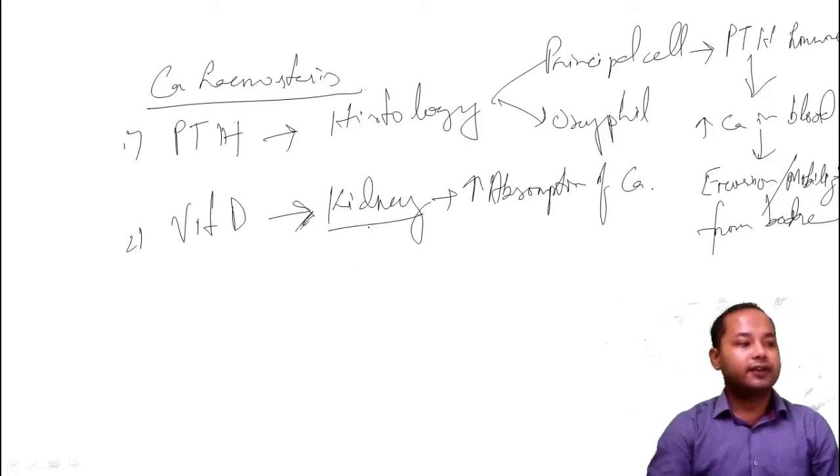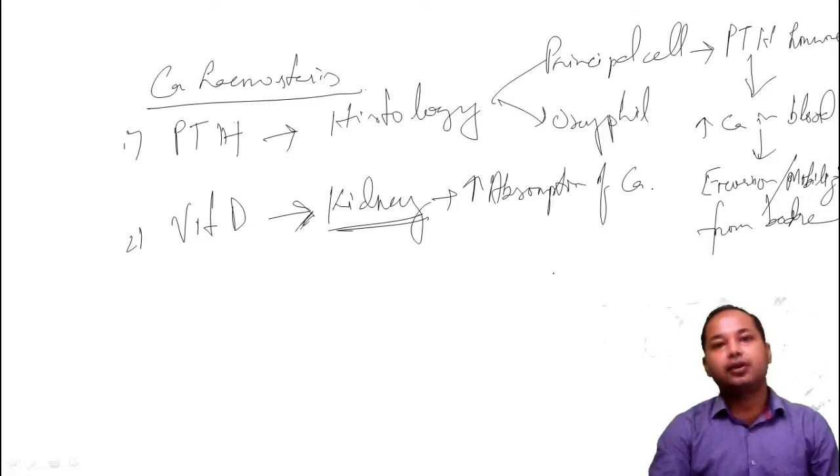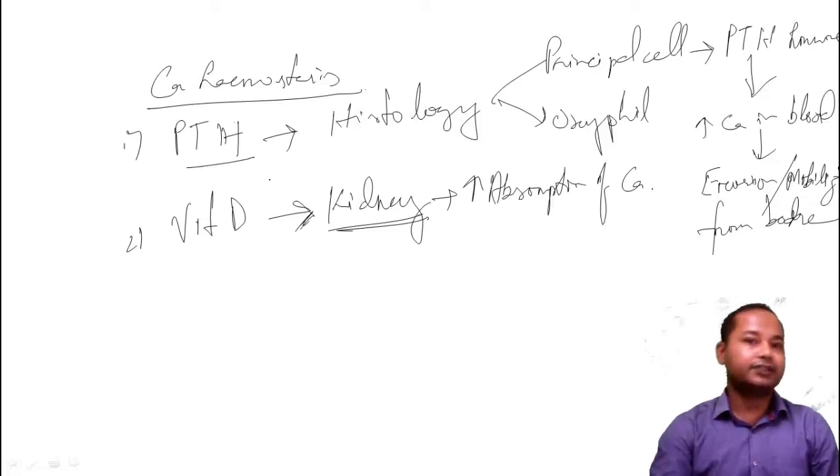So in case of kidney diseases, the calcium level automatically gets depleted, and since parathyroid hormone is automatically sensing the level of calcium in the blood, it will make the erosion of the bones more possible.